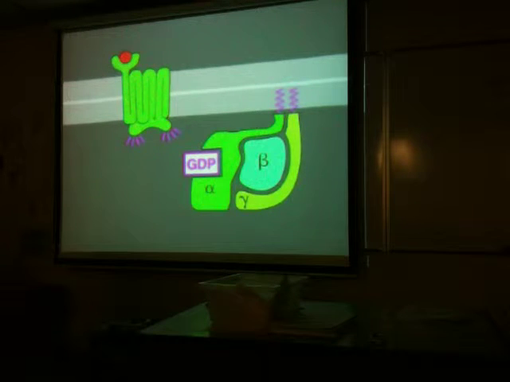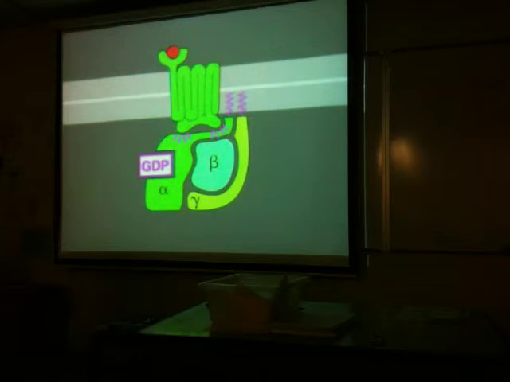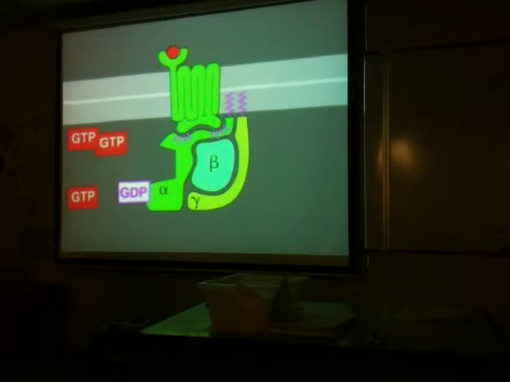In some cases, the inactive G protein is associated with the inactive receptor, in other cases, as shown here, it only binds after the receptor is activated. In either case, an activated receptor induces a conformational change in the alpha subunit, causing the GDP to dissociate. GTP, which is abundant in the cytosol, can now readily bind in place of the GDP. GTP binding causes a further conformational change in the G protein, activating both the alpha subunit and beta gamma complex.